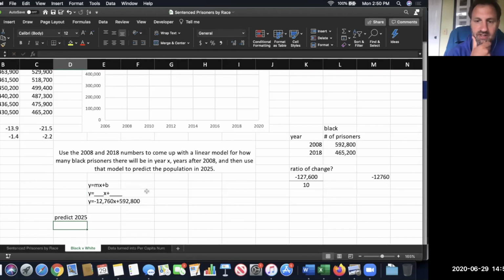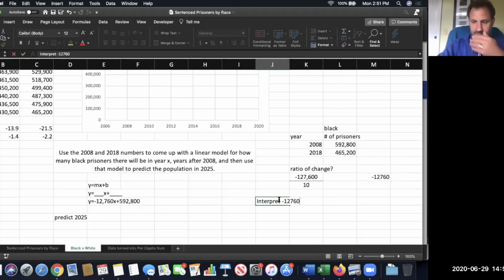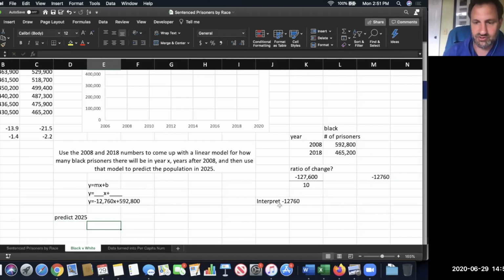There's a non-algebraic way to do it, but especially if we're feeling good about how to interpret ratios, what does this minus 12,760 mean? Let's take a minute and interpret that before we answer this 2025 question, because this would be the non-algebraic way to approach this problem. What does that minus 12,760 mean in the context of this problem?